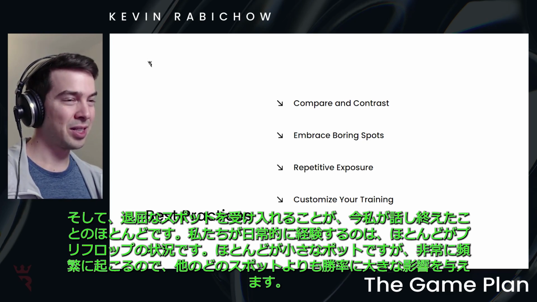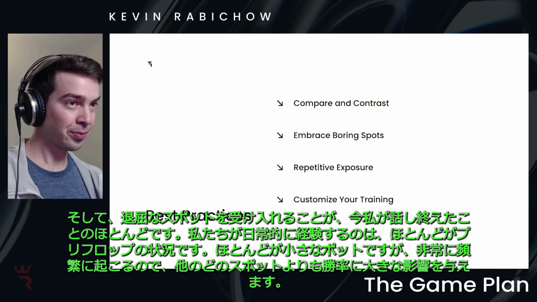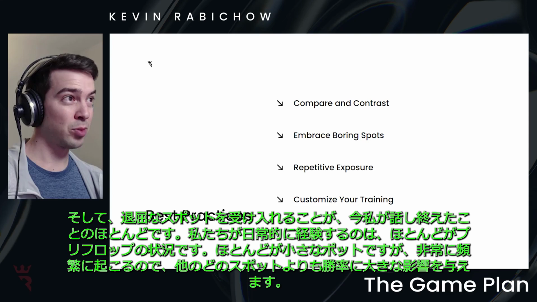It's the routine situations that we find ourselves in, and they're mostly preflop. They're mostly very small pots, but they happen so frequently that they have the biggest impact on our win rate of any other spot.